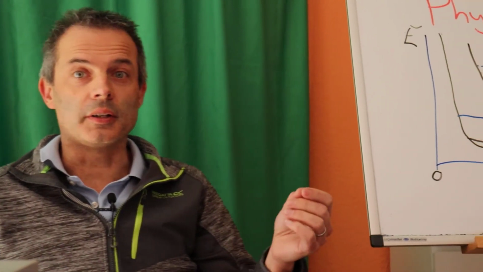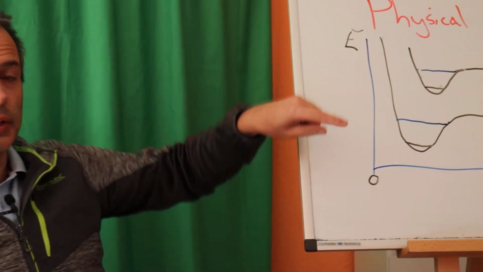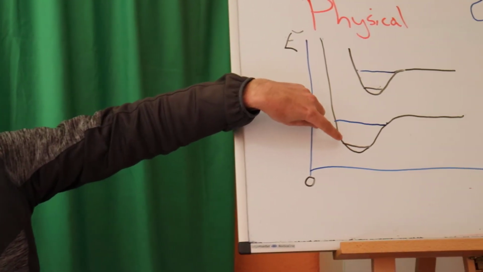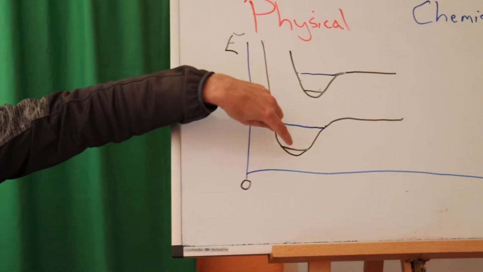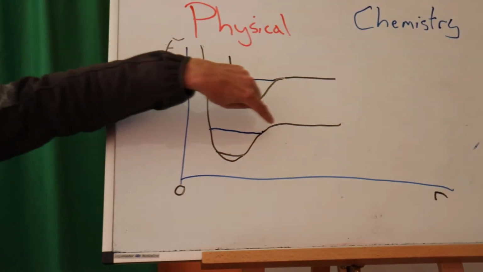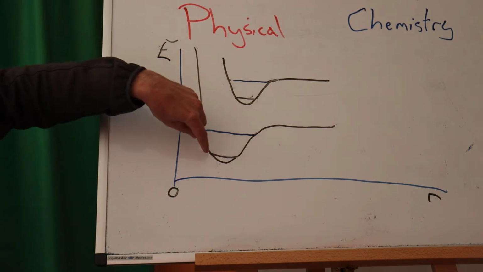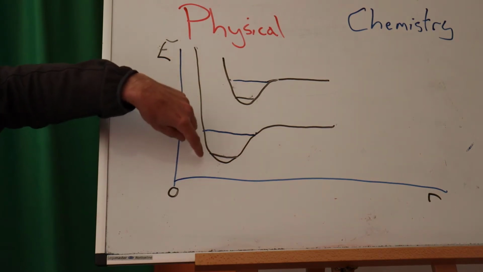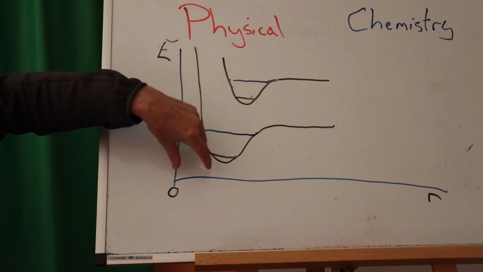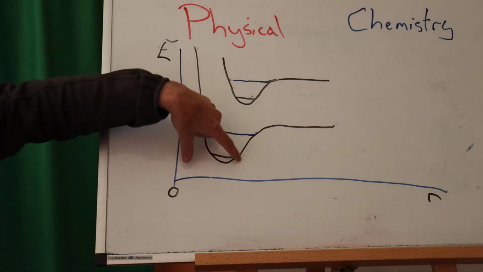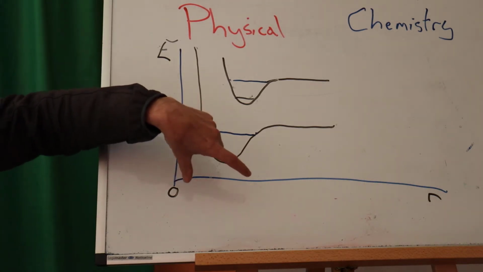So if we draw a diagram of it and simplify it a little bit so it's not got so many energy levels in between, we can see something like this, where we've got the lowest energy state here. This would be the lowest electronic energy state, with vibrational energy states in between. So effectively our molecule is vibrating between this position, this length, and this position, this length.